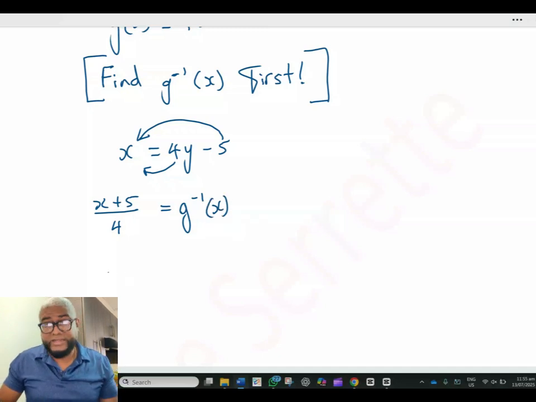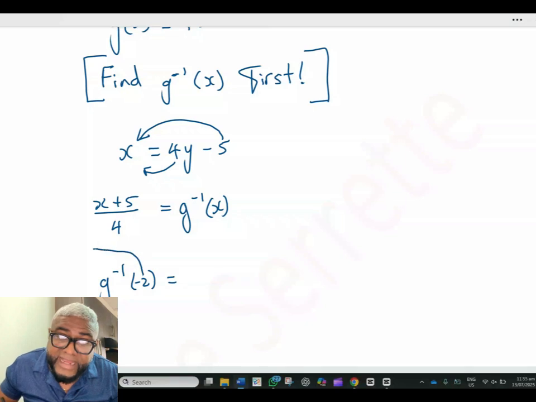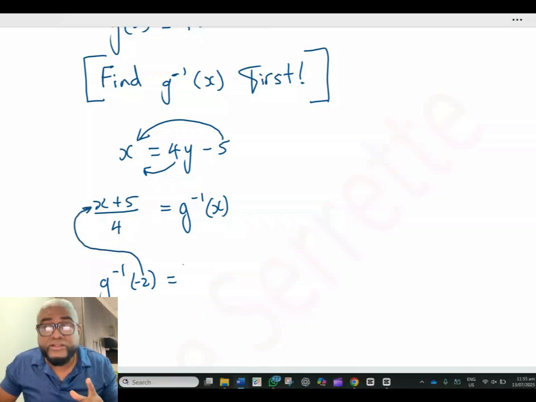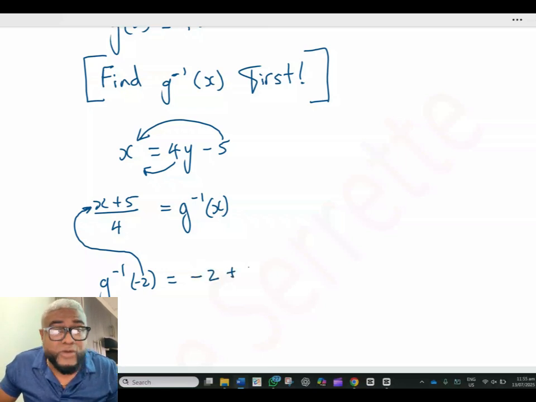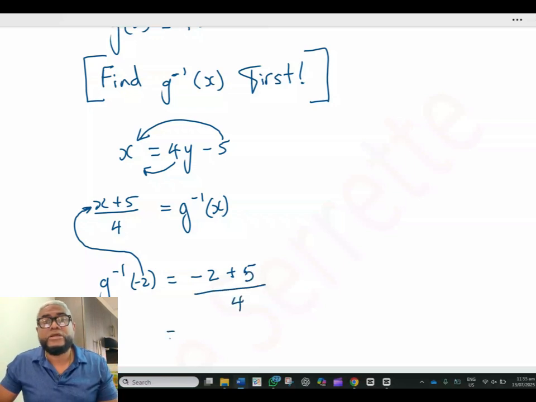Cool? Now the question wants us to find g negative 1 of negative 2. Right? So why are you replacing this x with negative 2, brother Taylor, not 2? Negative 2. So this will become negative 2 plus what, Zaria? 5, all over 4. Let's go.